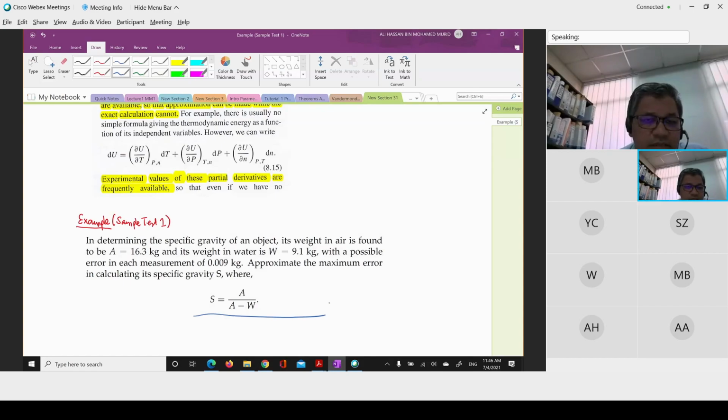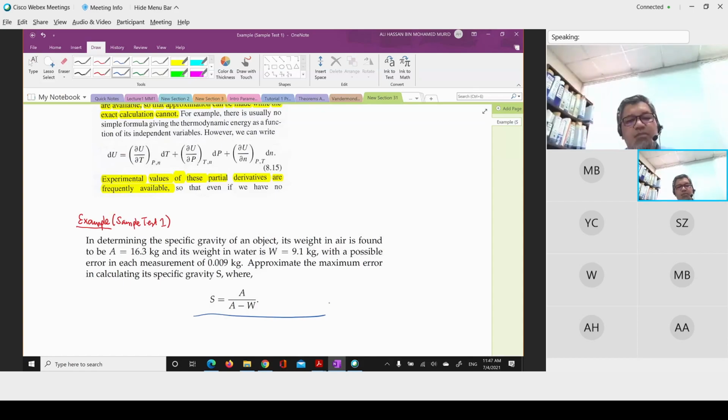Approximate the maximum error in calculating its specific gravity S, where S is equal to A over A minus W. This is a problem related to physics.